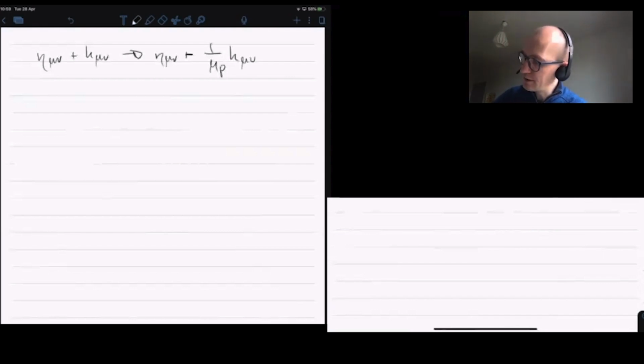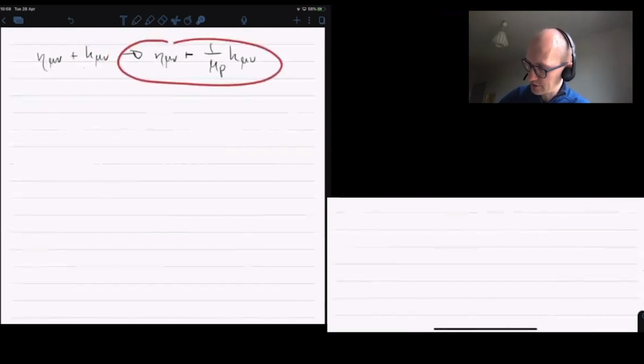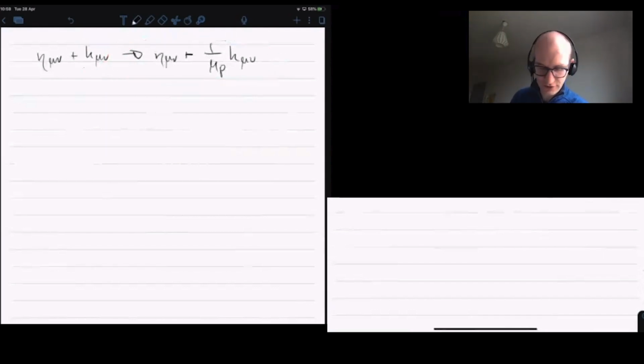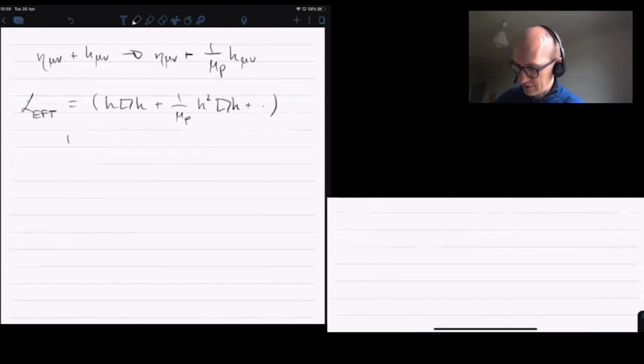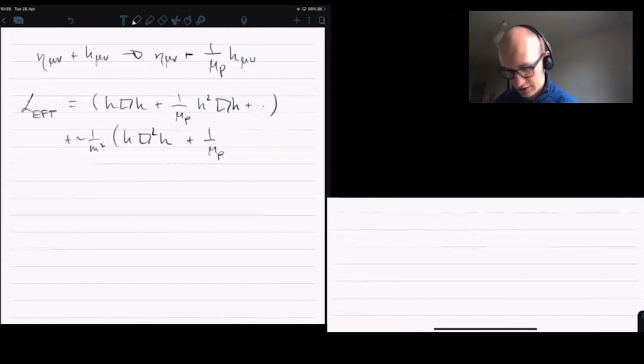I'm just going to redefine h, but I'm not going to use tildes to avoid clutter. So then this Lagrangian is of the form h D'Alembert on h, plus 1 over m Planck h squared D'Alembert on h, and so on, plus 1 over m squared times h D'Alembert squared on h, plus 1 over m Planck delta squared h cubed.